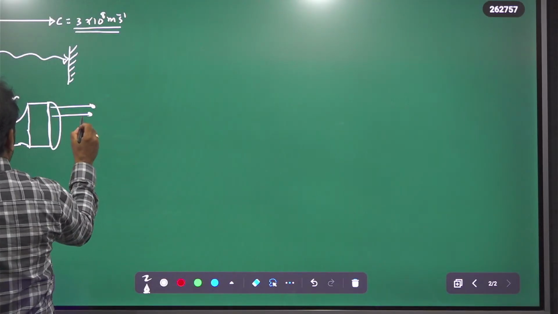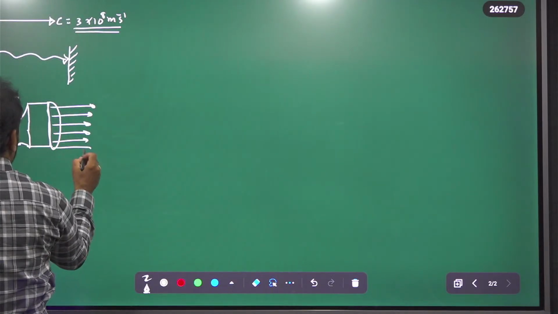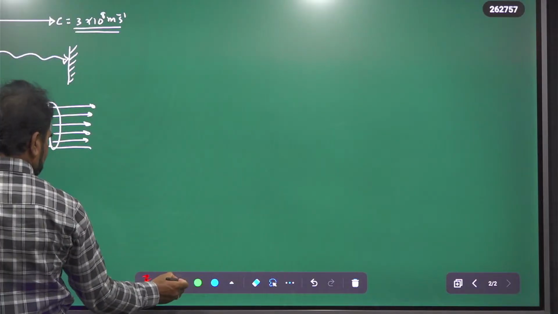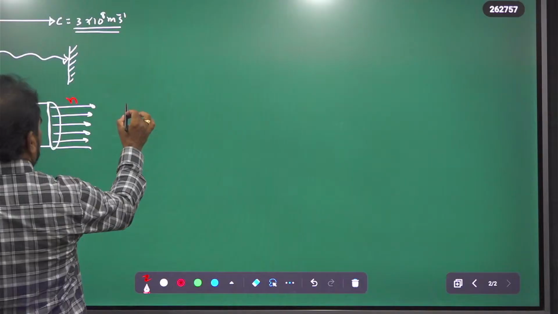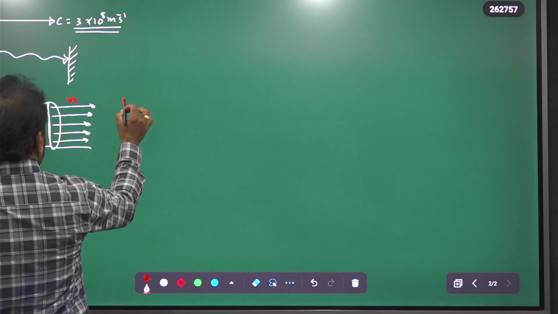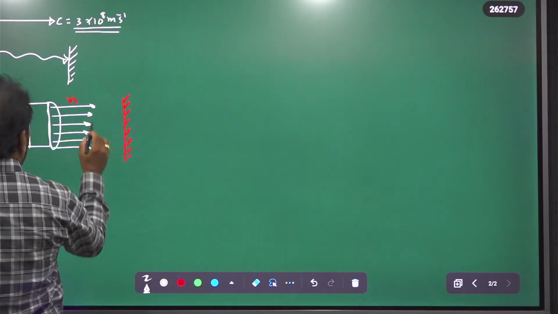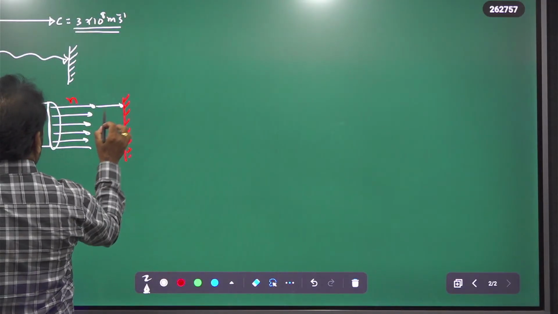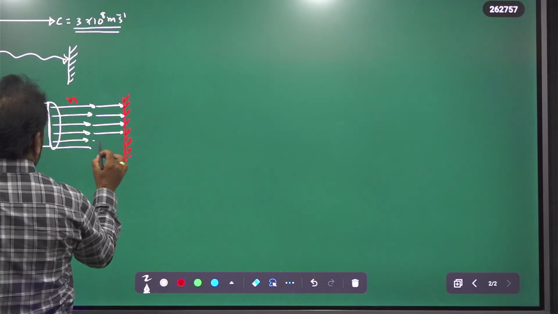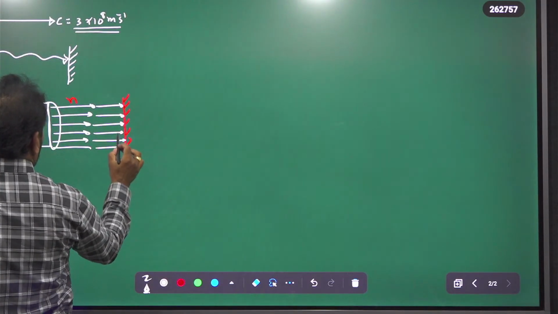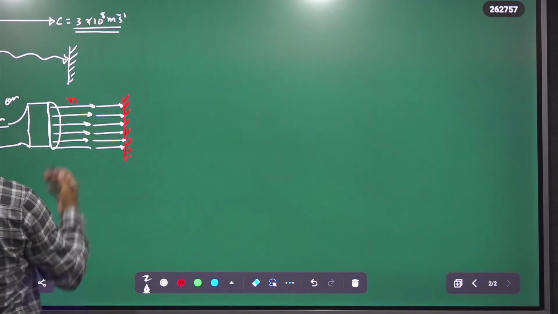This light radiation consists of how many photons? We don't know, let's say n. When these radiations are incident on certain types of surfaces like this, they experience some amount of force.